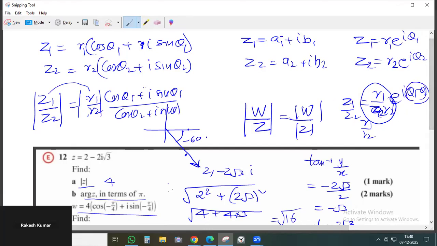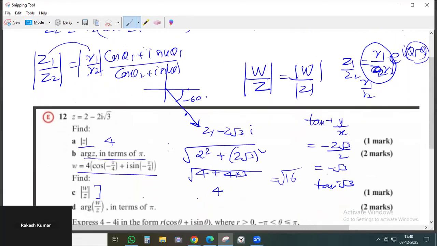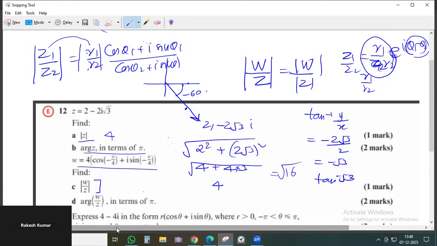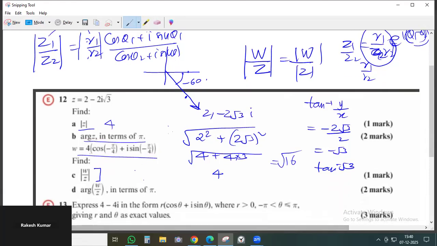That is also explained. You can actually solve this and get that. So whenever you divide two complex numbers, if they're asking you what is this, you just say the magnitude of this over this. So this is equal to magnitude of this over magnitude of this.